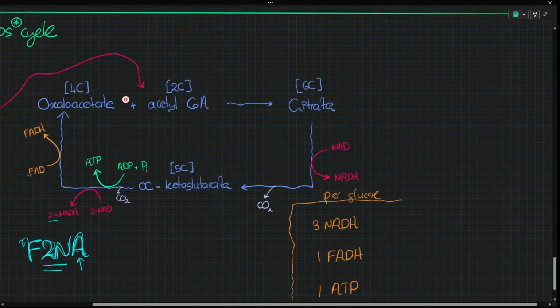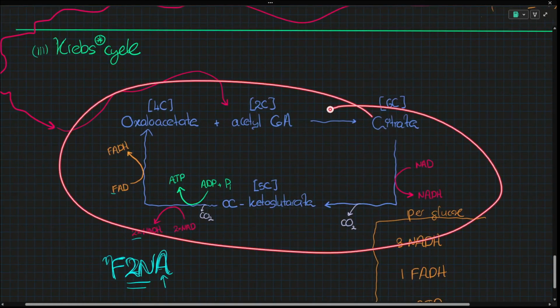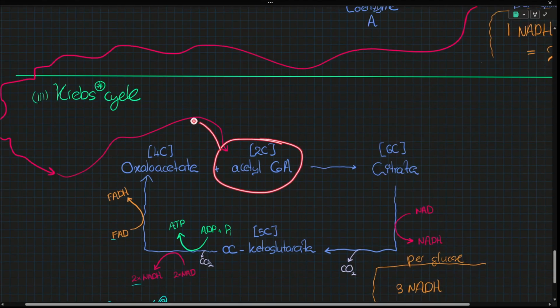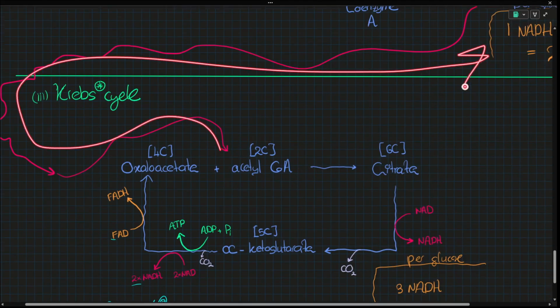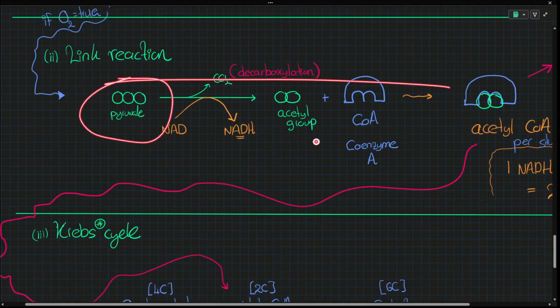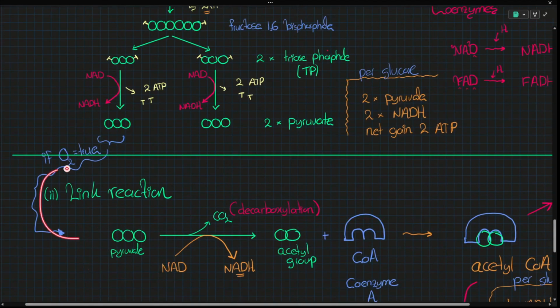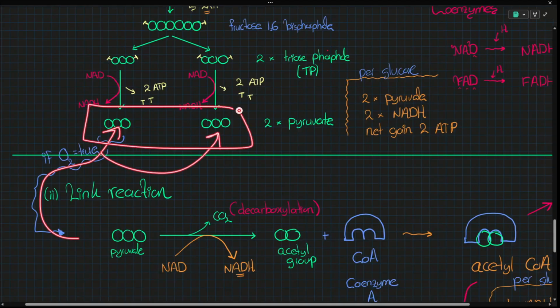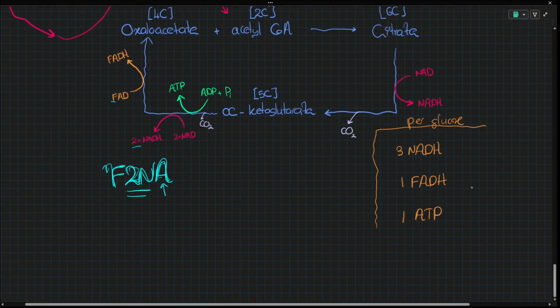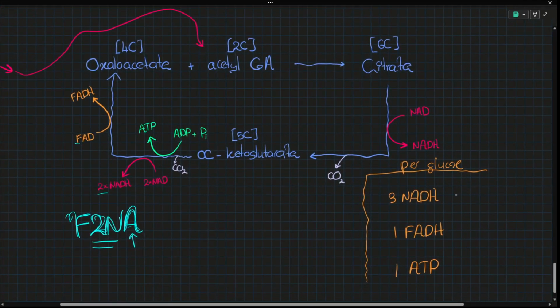Here, all of these are produced per acetyl coenzyme A. So this acetyl coenzyme A, if we link back, is produced per pyruvate. But actually, in reality, if a glucose molecule is involved, there's two pyruvate molecules. Therefore, just like before, we have to multiply all of this by 2.